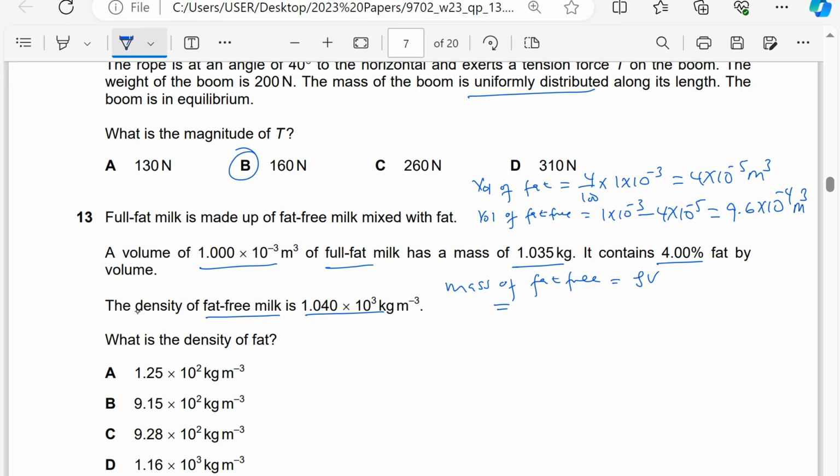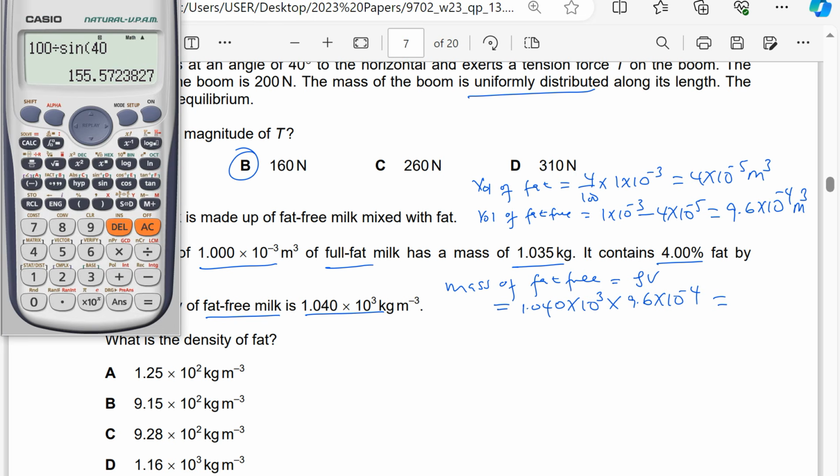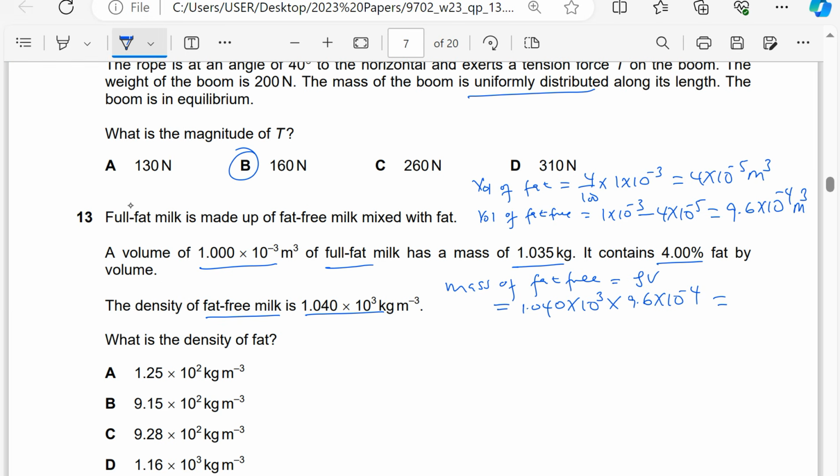So this is going to be equal to the density, which is 1.040 times 10 to the power of 3, times the volume, which is 9.6 times 10 to the power of minus 4. So this is 0.9984 kilograms.